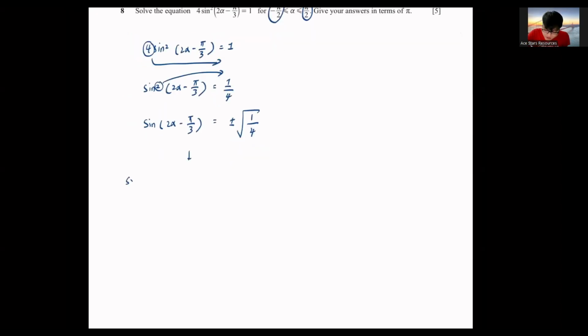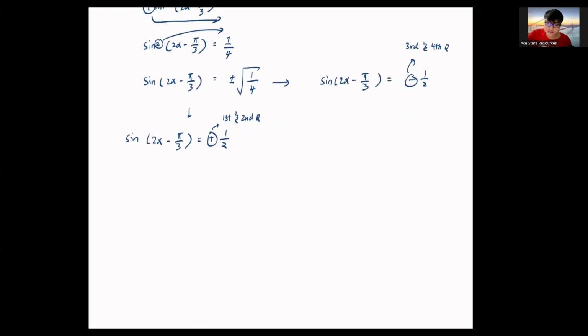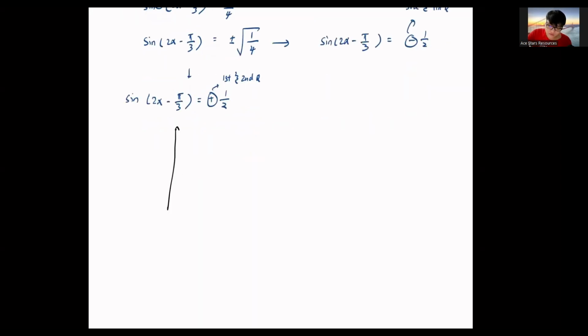When sine of 2 alpha minus pi over 3 is the positive 1 over 2, that's going to give us the first and second quadrant, while sine of 2 alpha minus pi over 3 equals minus 1 over 2, that's going to give us the third and fourth quadrant. So for the first and second quadrant, we would like to have the region here and here, right? So we'll be rotating here.